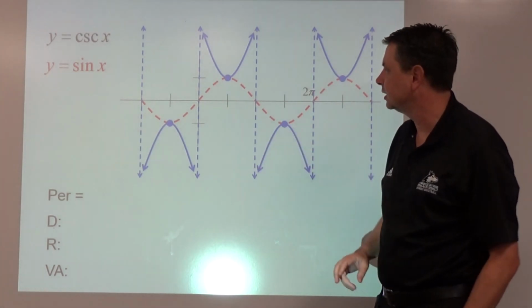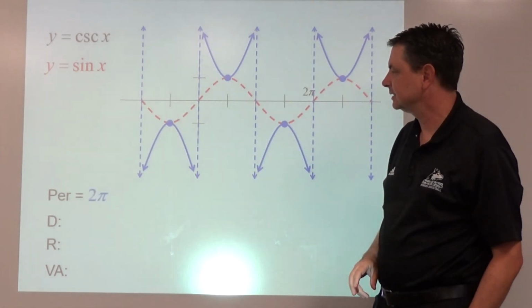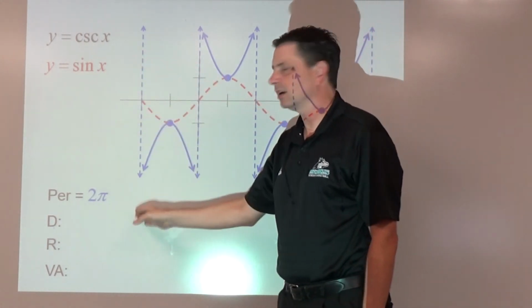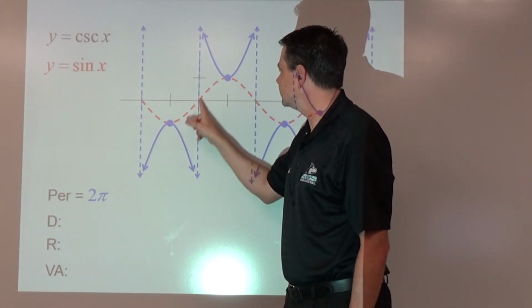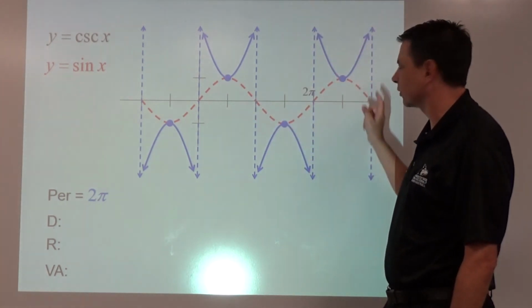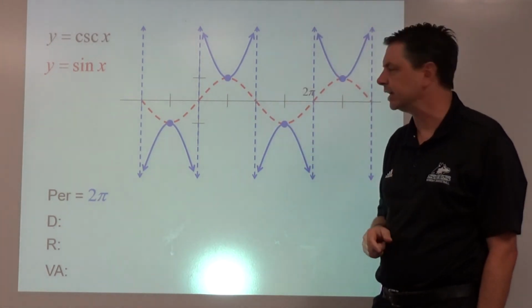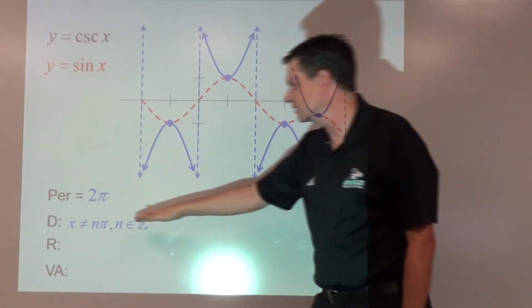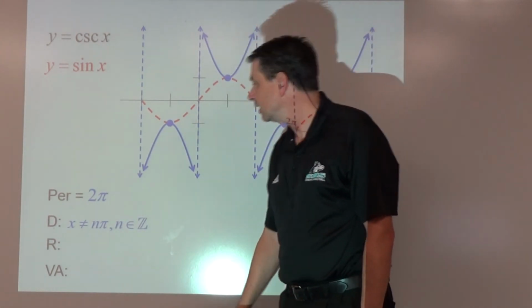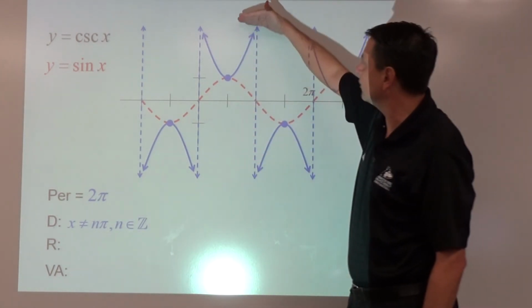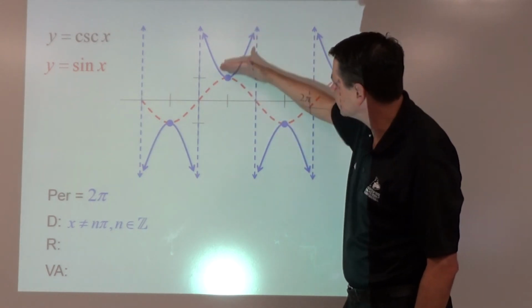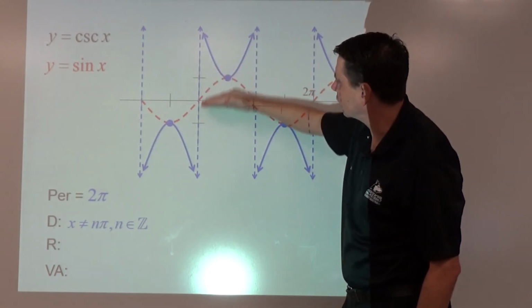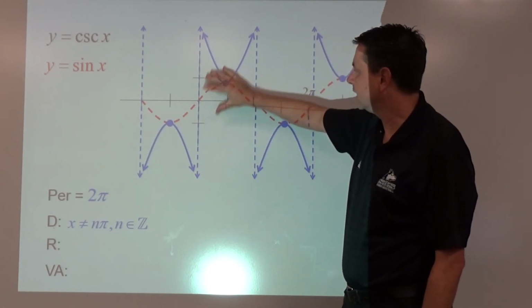It's our period. The domain, again, we can't have x values on these asymptotes, so x cannot be 0 or pi or 2 pi or 3 pi. I think we've seen that back from cotangent. So actually going to be the same domain as cotangent. The range, it doesn't actually go forever down and up together because in here there are no points in this middle section.